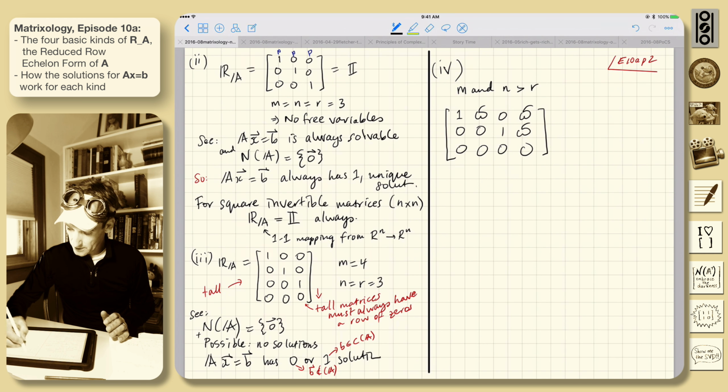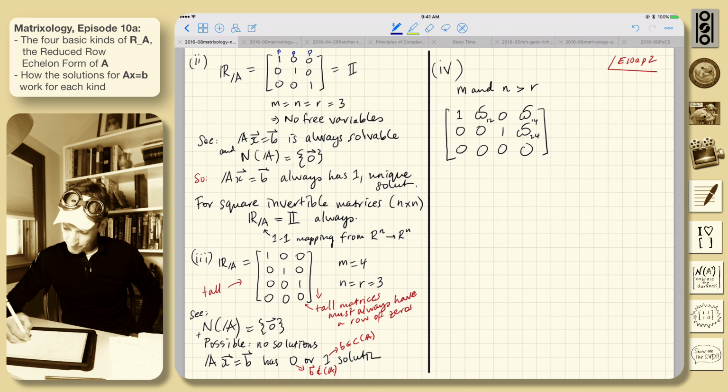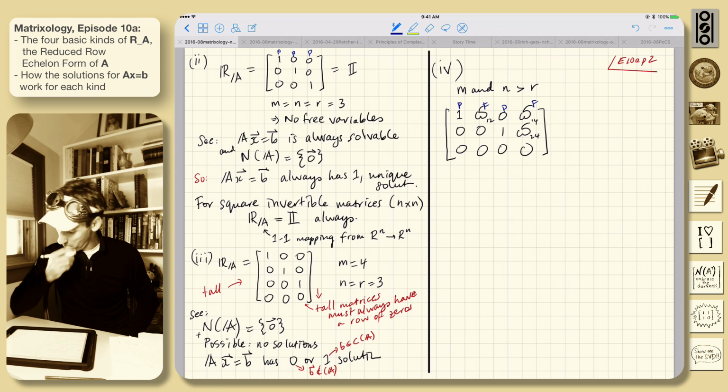It's a bit like our friend Fezzik. So let's make that a 1, 2, and a 1, 4, and a 2, 4. So pivots, free, pivots, free. Right, 2 pivots, 2 free.